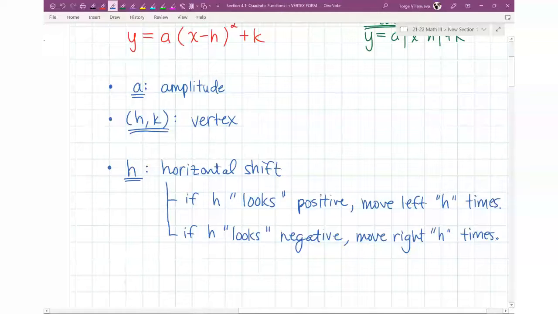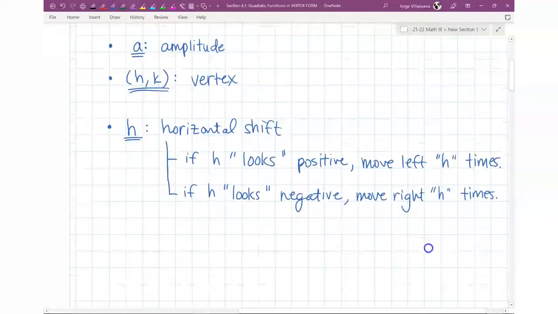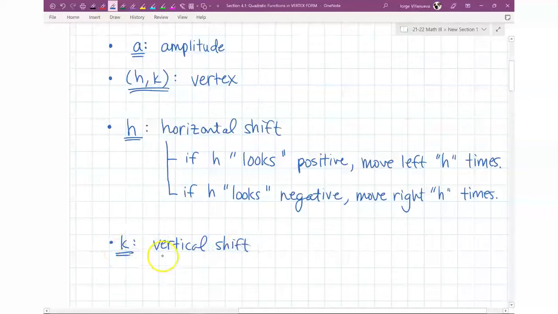Now, our k term is our vertical shift. And that tells us whether we move up or down. So let me go ahead and write that down here. Our k term, this is our vertical shift. So if k is positive, it doesn't matter if it looks positive, that means it is positive. k never lies to you.